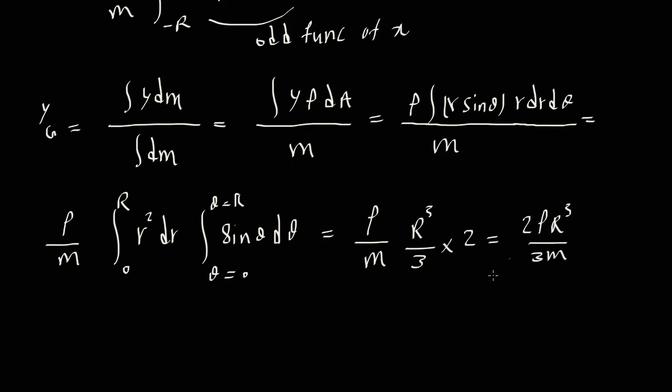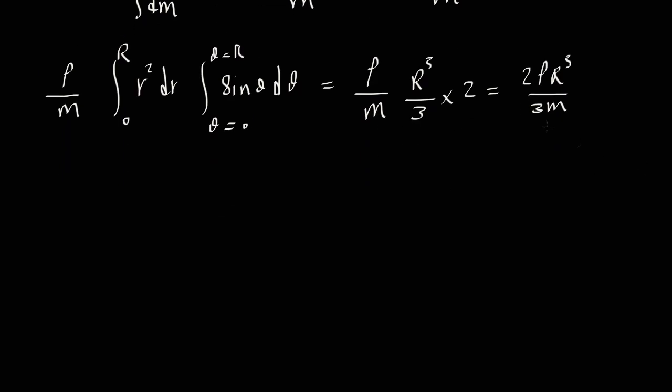Now let's calculate the mass of the half circle. What is the mass of half a circle? It is half of the mass of a full circle, and the mass of the whole circle would be its area, pi r squared, times its density, which has a unit of mass per unit area.